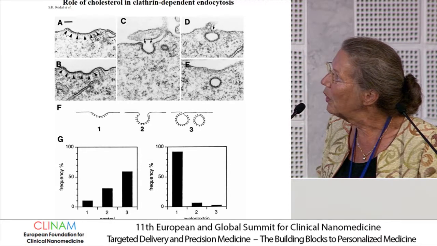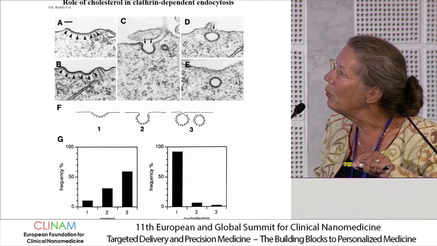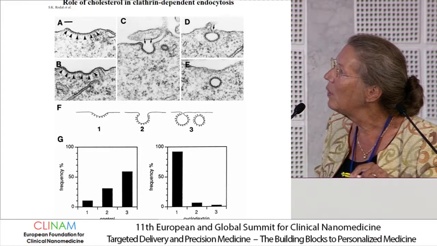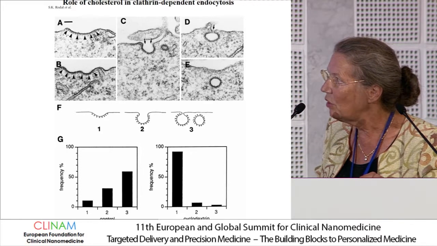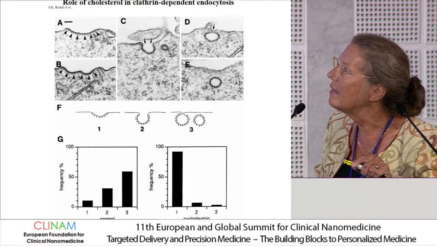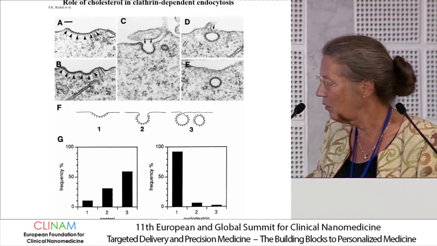So group 1, 2, and 3. And in a control cell, you will have most of group 3, that's the almost pinched off form. Whereas if you then extract cholesterol, you will see that now you get more of type 1, that's the flat one. So the clathrin-coated pits become flat when you extract cholesterol.